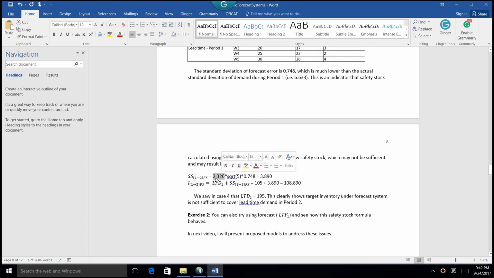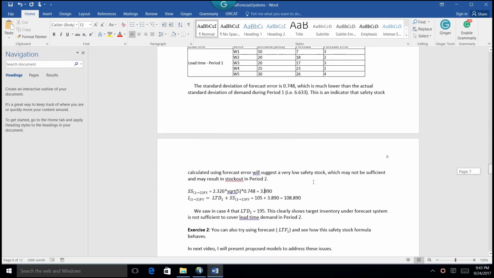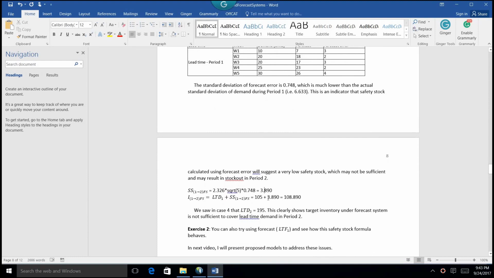Against that we have a Z score of 2.326, and you put it in this formula, your lead time is 5 weeks, and you get safety stock 3.8. In the inventory equation, you put these numbers: lead time demand for period 1 is 105, and safety stock is 3.890, and you get a total for period 2 of 108.